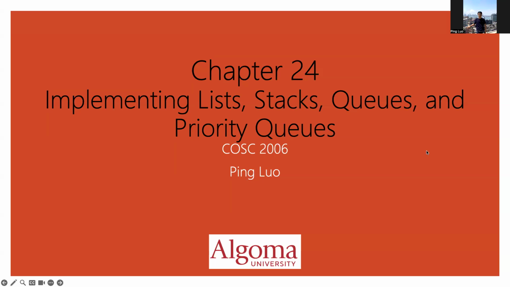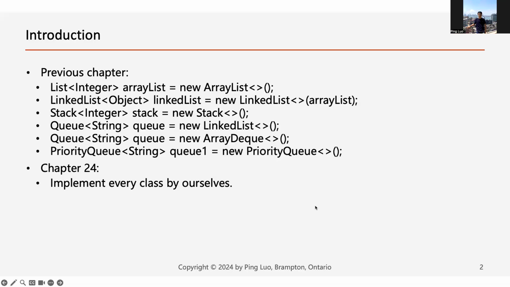Actually, we have already talked about lists, stacks, queues, and all these things in previous chapters, but you can see Java has already implemented all these classes for us. We can just import it and declare it directly. But then what does this chapter do?